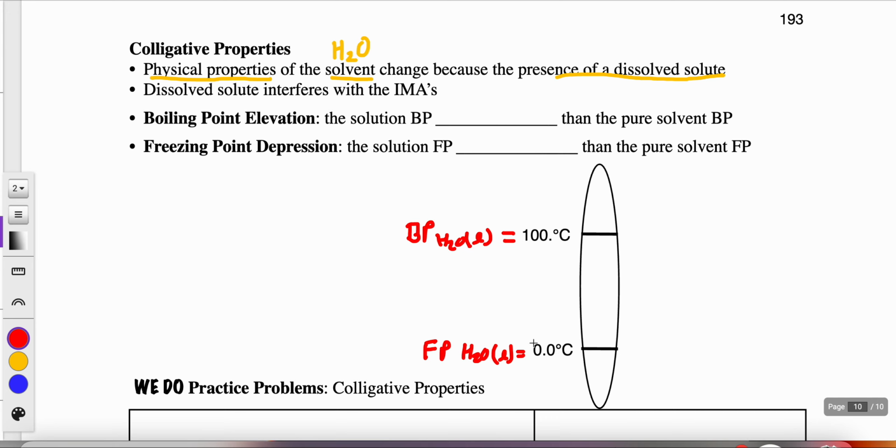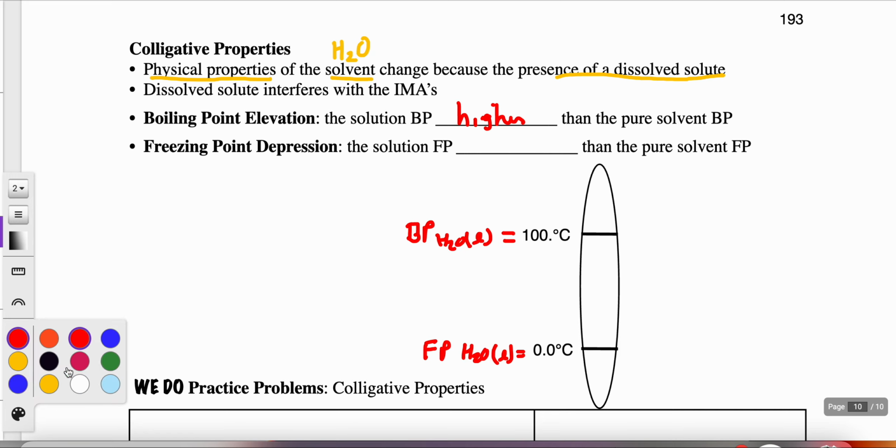So now, what happens to the boiling point of water when it's part of an aqueous solution? Well, it's called boiling point elevation. What that means is that the solution's boiling point will be higher or greater than the pure solvent's boiling point.